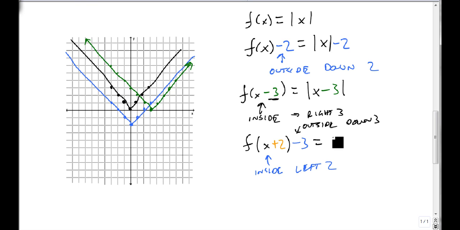And so what we're going to get is the absolute value of x plus 2, and we're going to subtract 3 from it. So we go to the left 2 and down 3. And we draw in our V, and we have our graph.